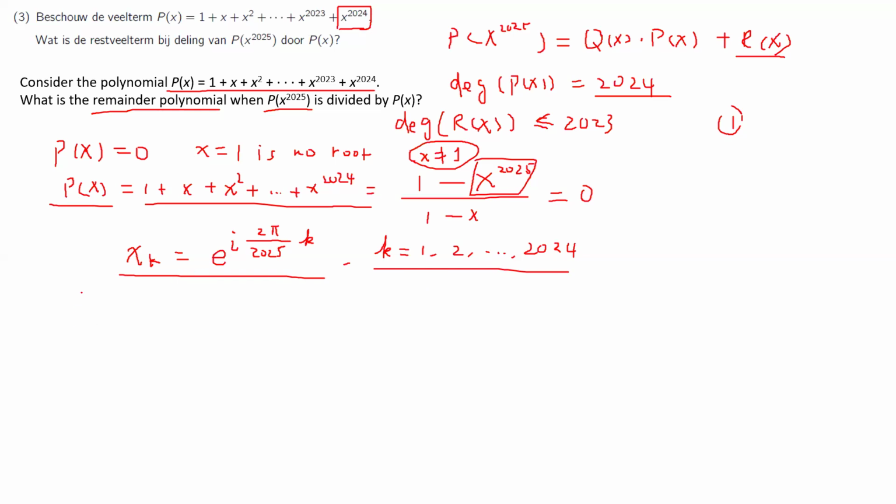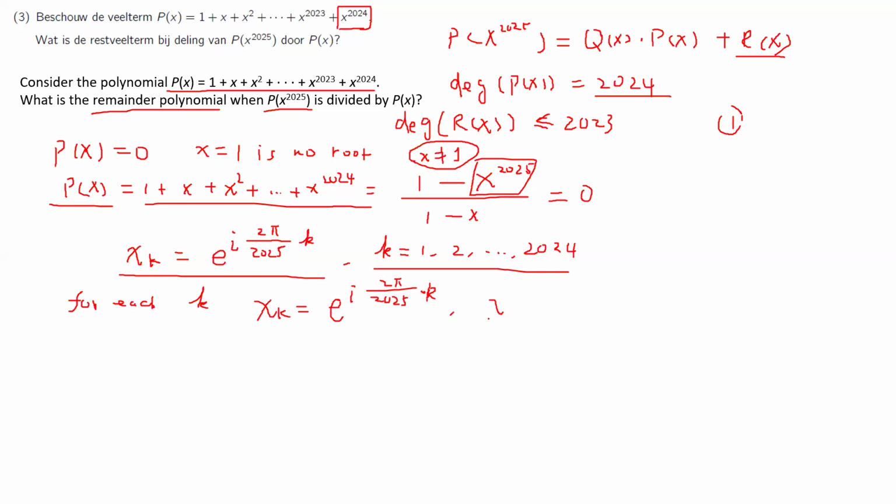And we know that for each x_k, x_k is e^(i 2 pi divided by 2025 times k). So that is the roots.